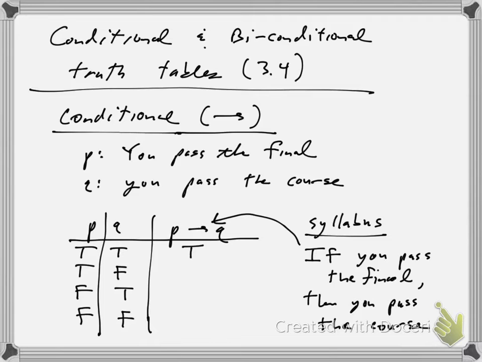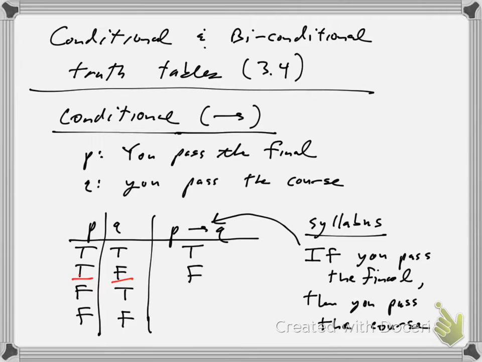Well, it turns out that I passed the final, but I didn't pass the course, because I got a false on passing the course. So did what the professor told me come true? No, it did not, because he told me at the beginning that if I passed the final, then I passed the course. But what happened is I passed the final and I didn't pass the course. So that means his statement was a lie to me. He lied to me.